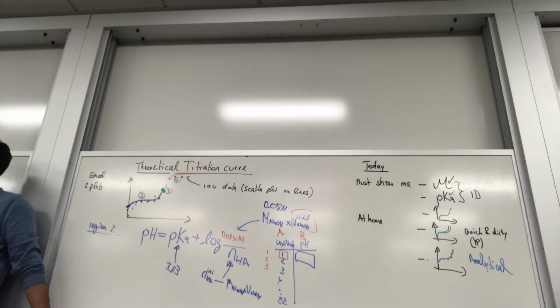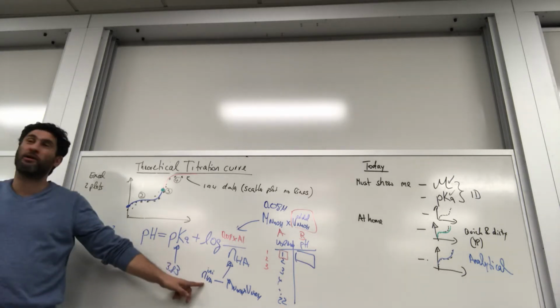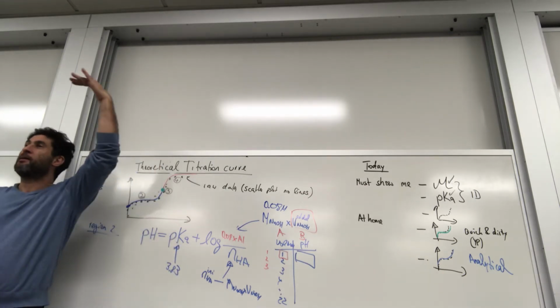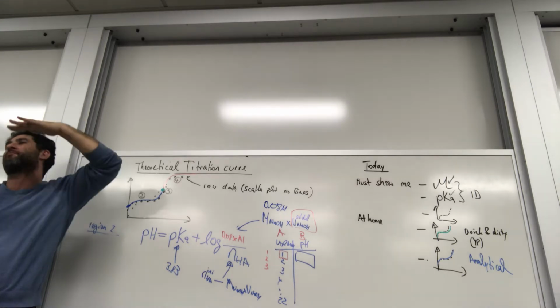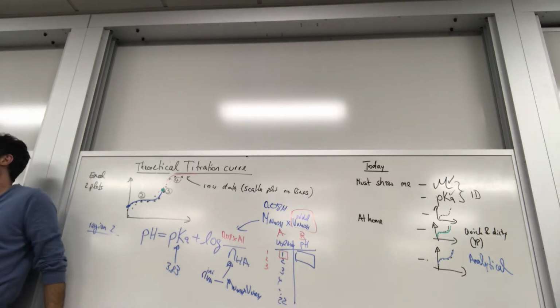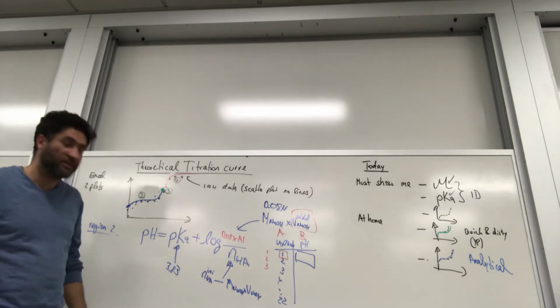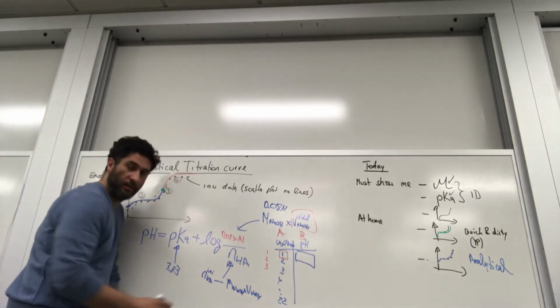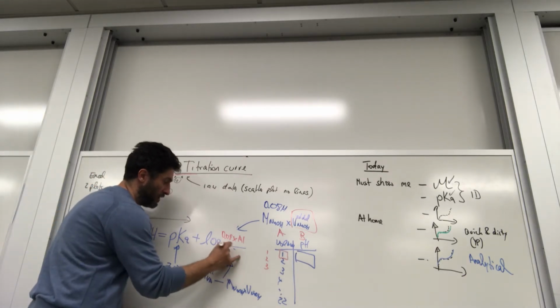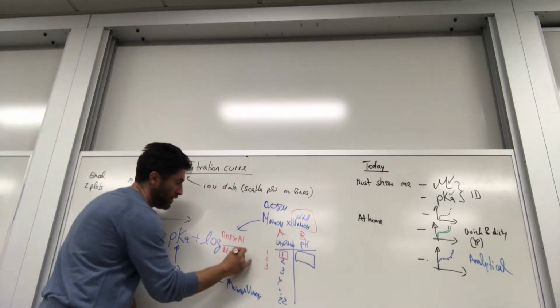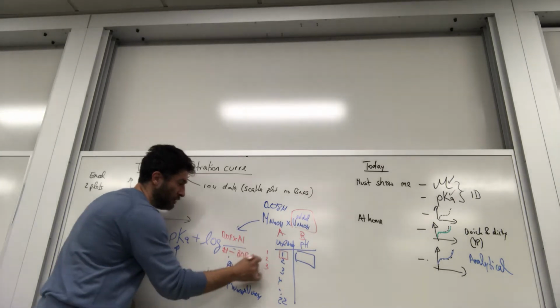So it's basically the moles of initial HA, but they're getting reduced by how much strong base I add, because that base is used up, using up the HA forming A minus. So in Excel, this would be a number minus 0.08 times A1.